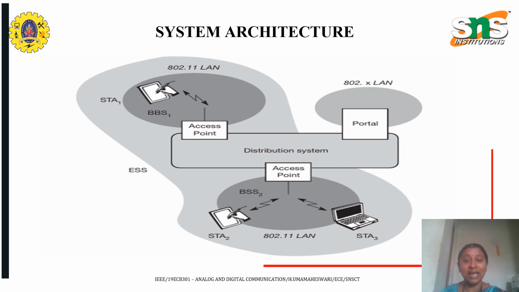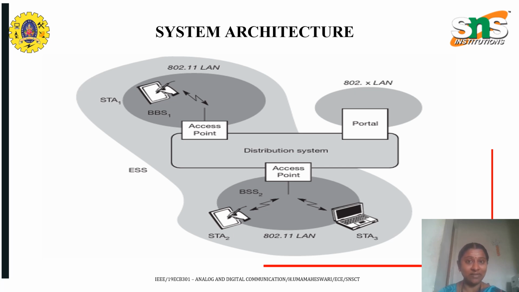We have an access point, AP. From the portal, first we have a distribution system. From that we have an access point and a portal. The access point is connected to the BSS, that is basic service set, and we have an ESS.